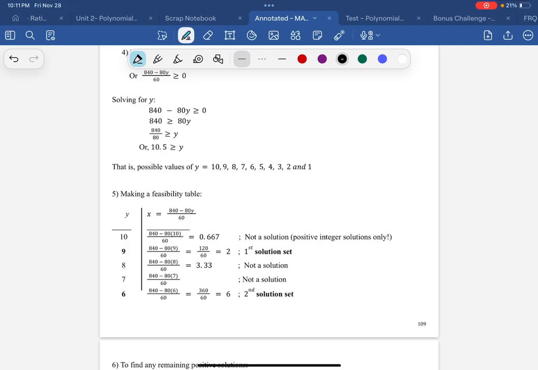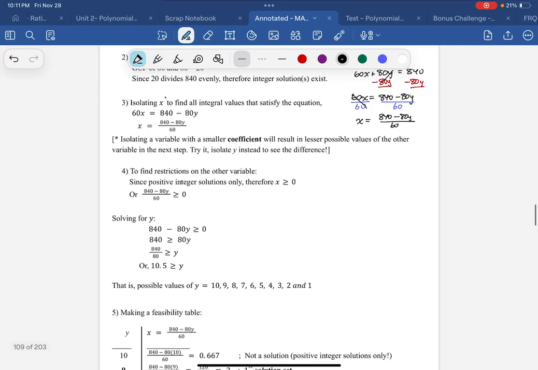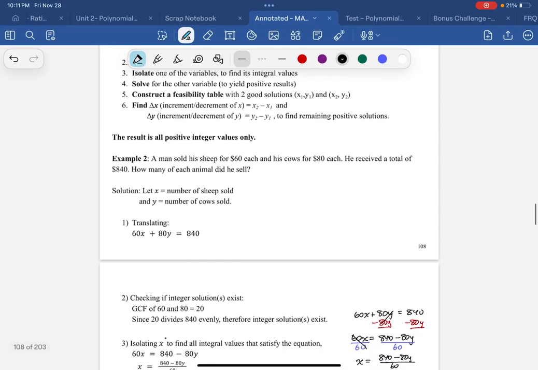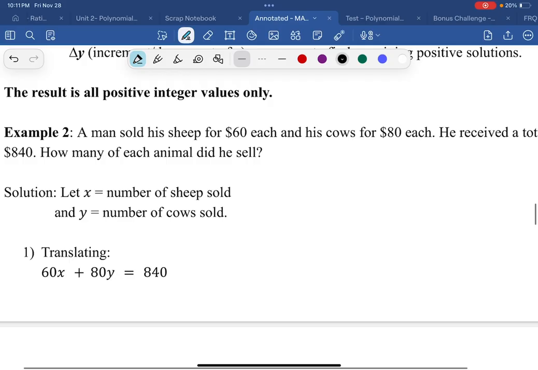And if the solution is like 50 for X and 78 for Y, then you could be at it for a while. So this narrows the field a little bit. But there's a lot of algebra in here that maybe you're not interested in doing, especially since we're talking about sheep for $60 each and cows for $80 each.